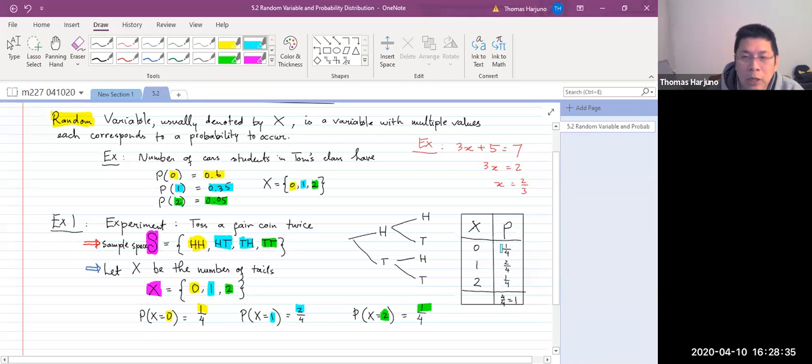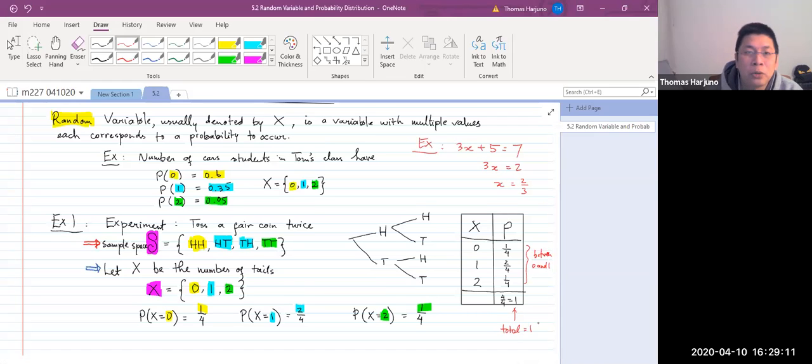They cannot be more than 1, cannot be less than 0, and the total has to be 1. Maybe I write it down as a side note. The values here have to be between 0 and 1, and the total has to be 1.